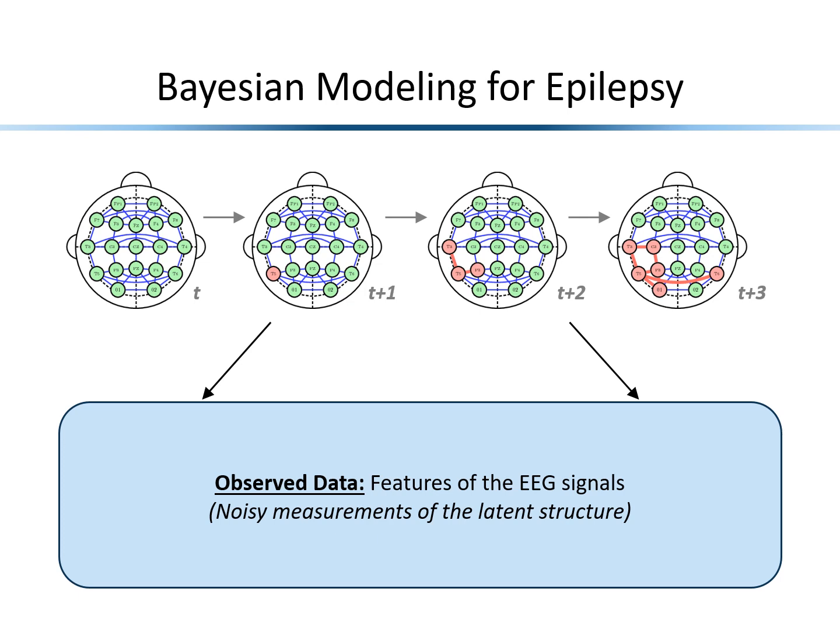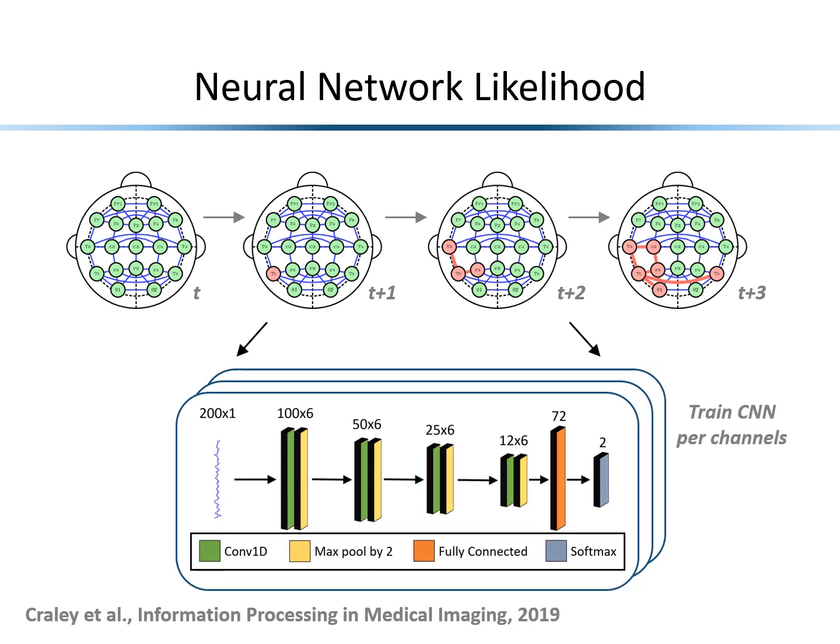Now, the EEG data itself, as shown in one of the earlier slides, is very complex. It has non-stationary characteristics over time, and the seizure signatures and baseline signatures can vary. So rather than formulate a parametric likelihood, like a Gaussian mixture model or equivalent, we're going to use deep learning, and assume our likelihood is implicitly given to us by a deep neural network, in this case a convolutional neural network.